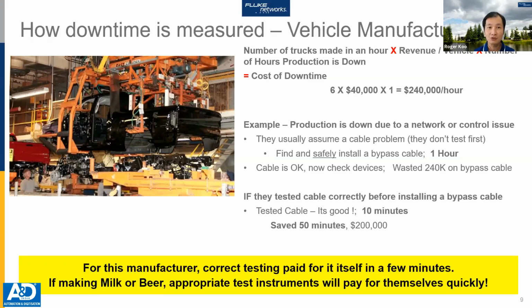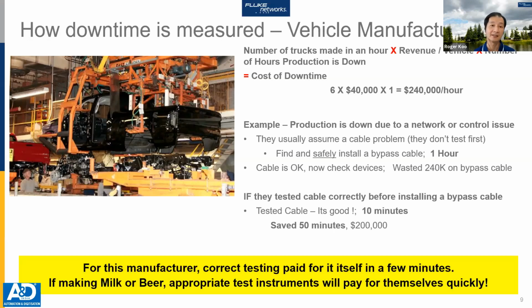When they face an issue, what is typically done is they will install a bypass cable, and that itself takes an hour. Now, the installation of this bypass cable is to save them time so that they can verify that it is not the physical layer that is causing the issue. But guess what? It's $240,000 down the drain.